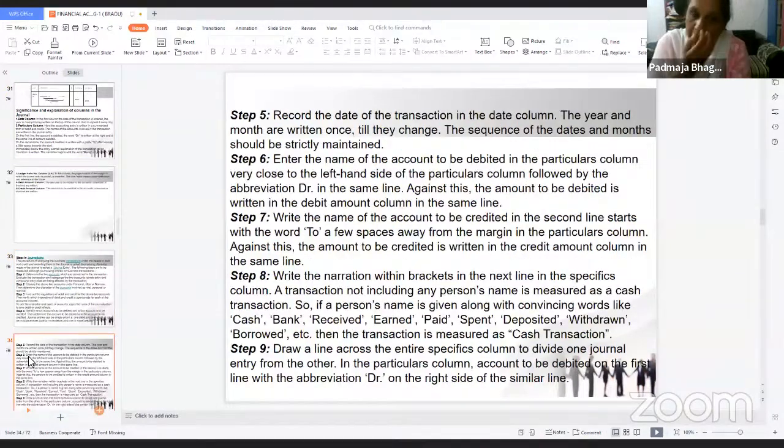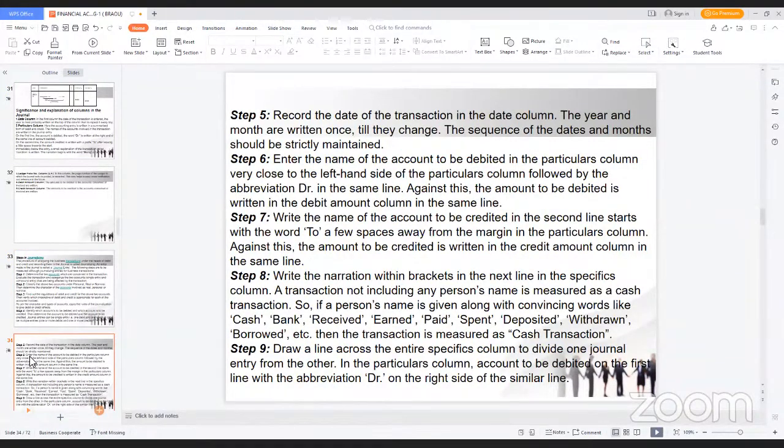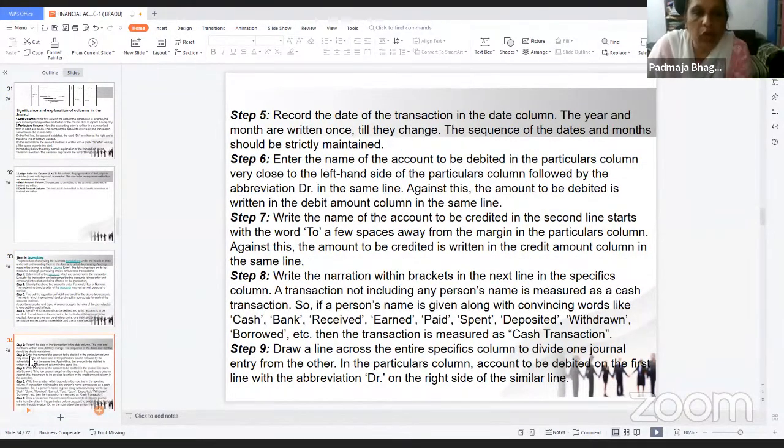And then the seventh step: the first word of the line starts with "To". When you have finished the machinery account Dr., in the next line you have to write "To" in the particular column, and against it the amount to be credited is written in the credit amount column.